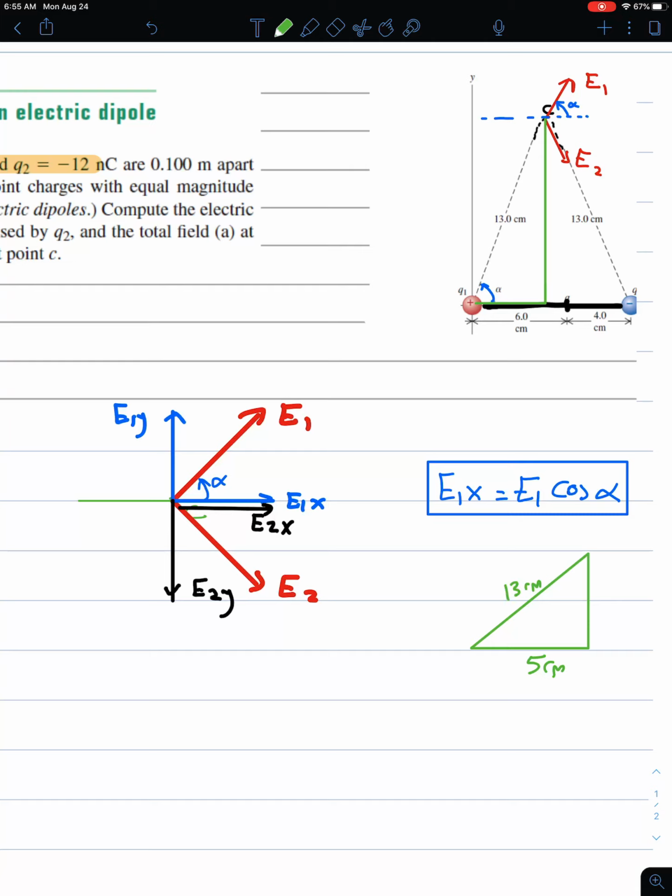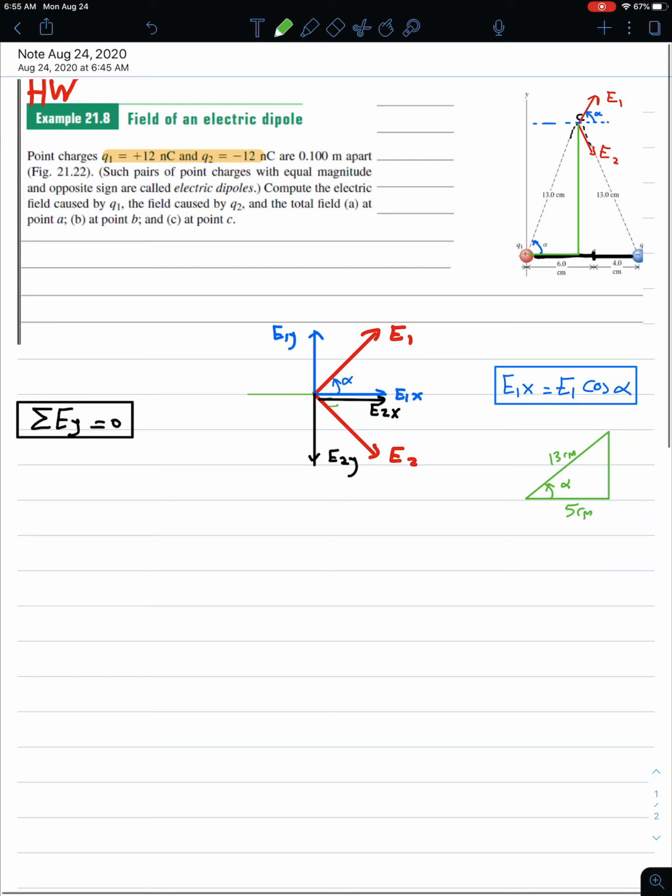By Pythagoras you could find this side too, but it's not necessary. I only want to find this angle alpha. Cosine alpha is equal to adjacent, 5, over hypotenuse, 13. So alpha is the cosine inverse of 5 over 13, which is 67.3 degrees.